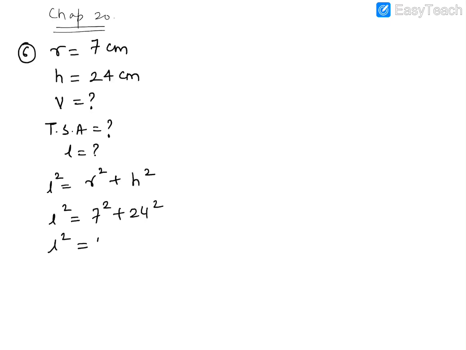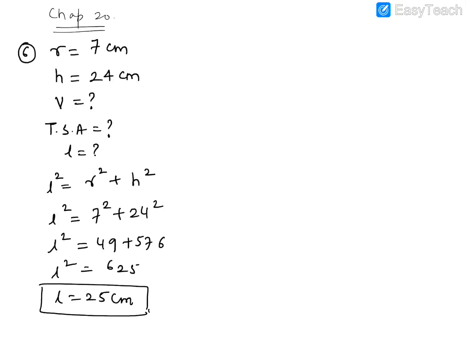So that will be what? 49 plus 576. So that becomes 625. So now if L squared is 625, what will L be equal to? 25. 25 centimeter.